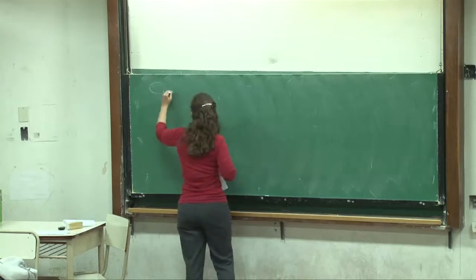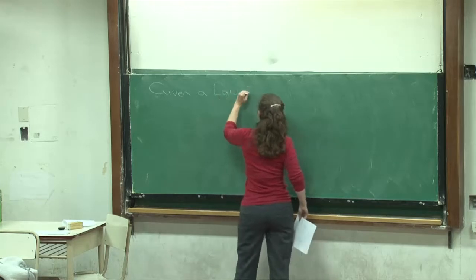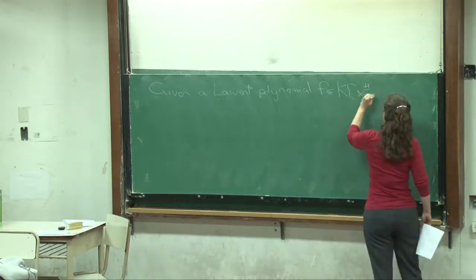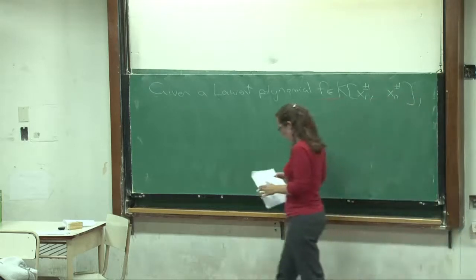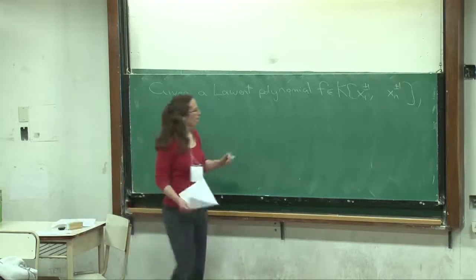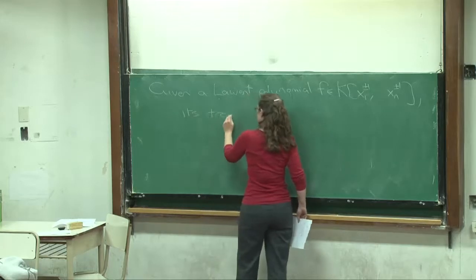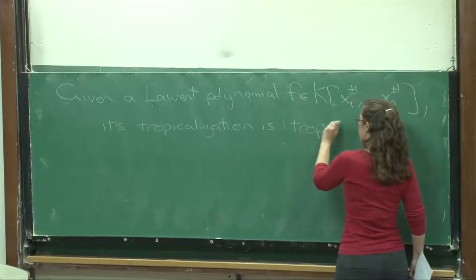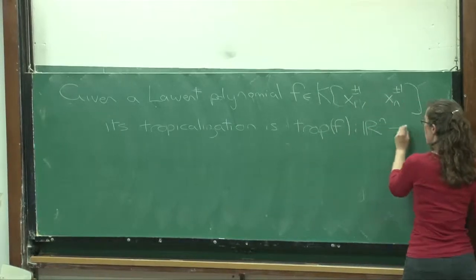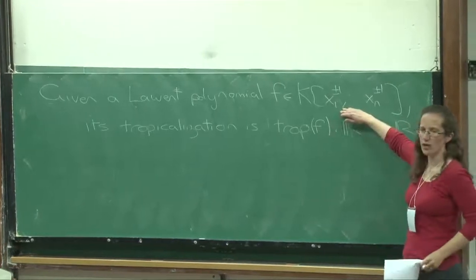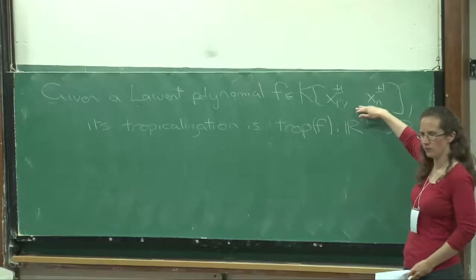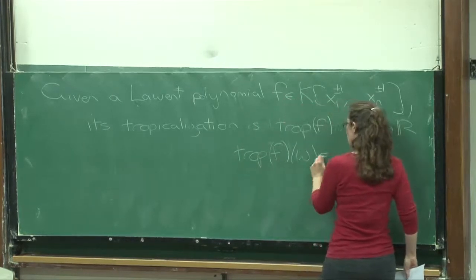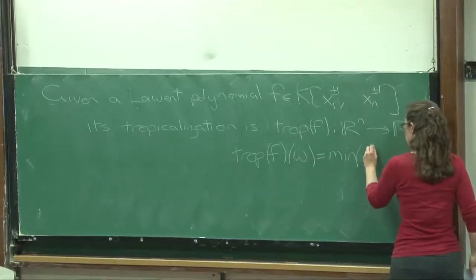Okay, so given a Laurent polynomial in K, its tropicalization is going to be trop F from R^n to R. I think about a polynomial like this as a function from (K*)^n to K. So trop F of w is the minimum of the valuation of c_u plus w dot u.